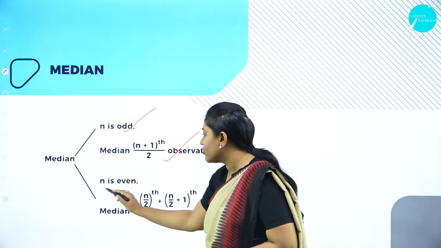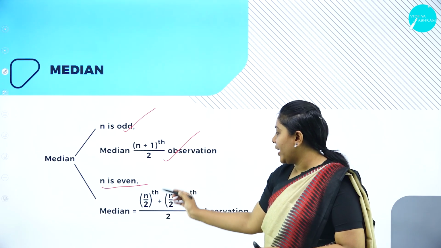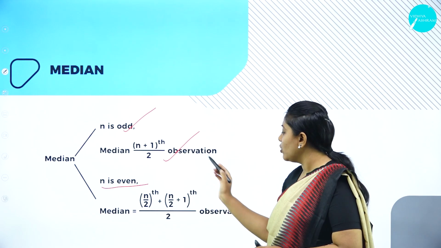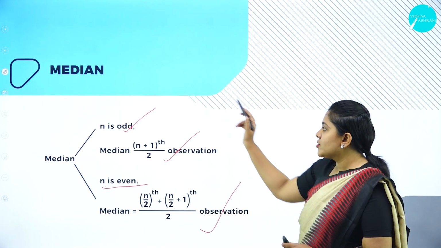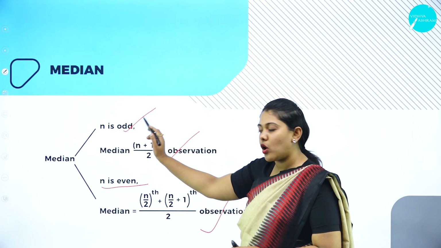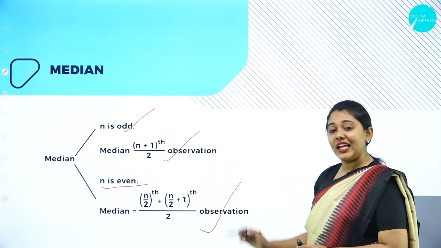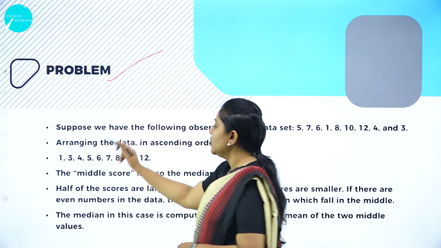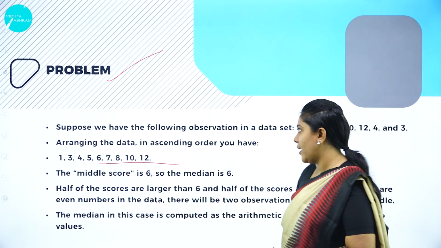And if the number of observation is even, what is the formula? N divided by 2 plus n divided by 2 plus 1 whole divided by 2 will be the median formula. So this is when the number of observation is odd, and this formula is when the number of observation is even. Moving further, let us look at the problem by individual series, by ungrouped data.